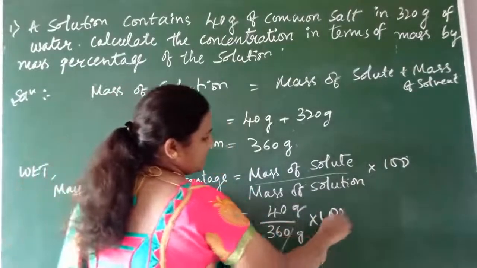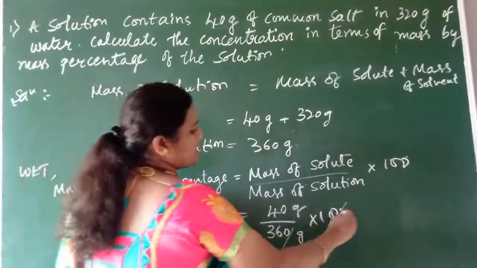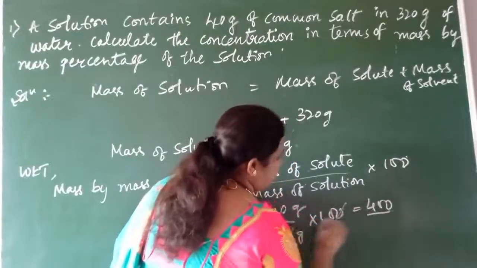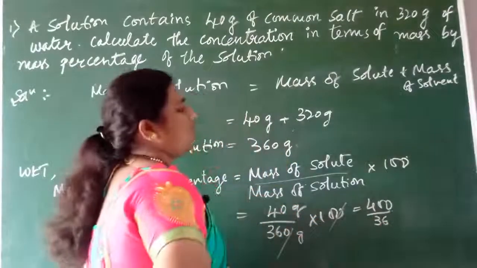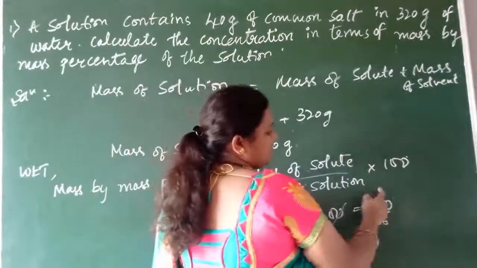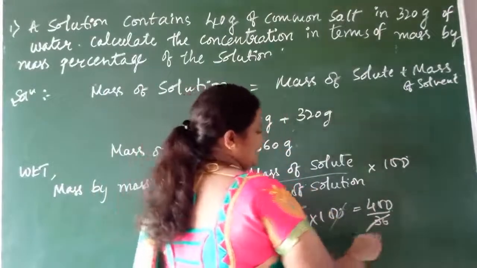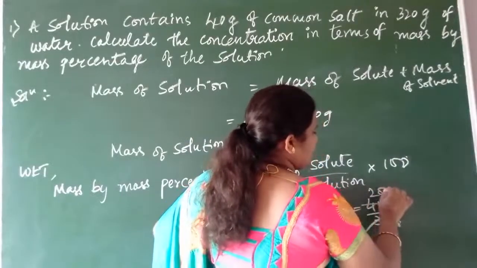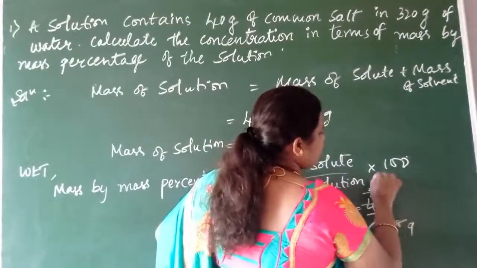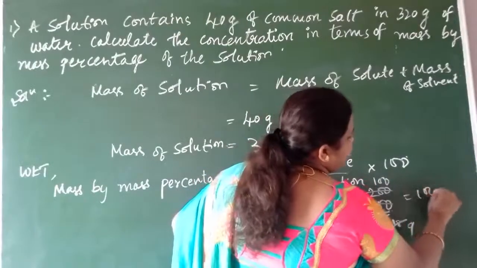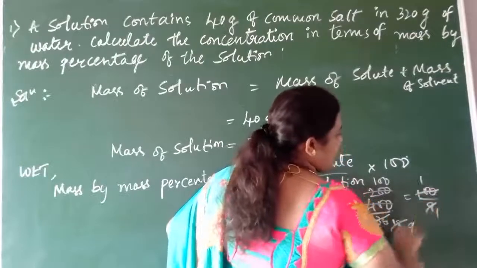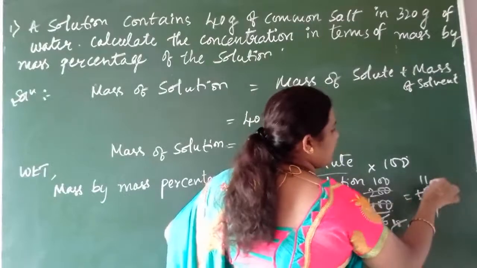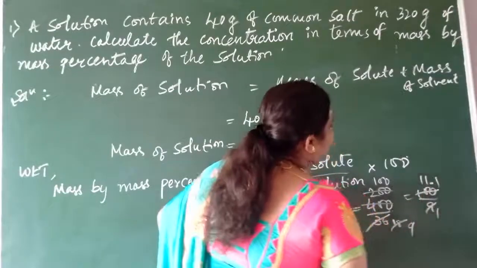Now if we do cancellation, this 0, what is left? 400 divided by 36. You can do it directly, or go by an easier method: 100 divided by 9. 9 1s are 9, 1 remains; once again 9 10s, let us take the 9 table, 11.1, it will continue.